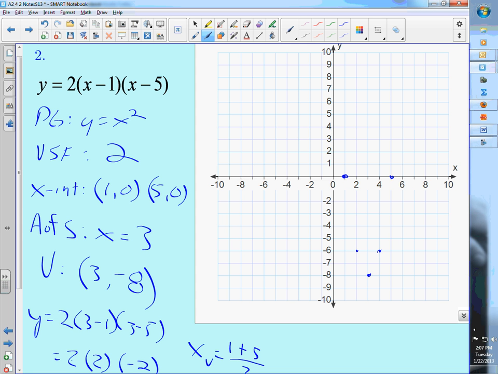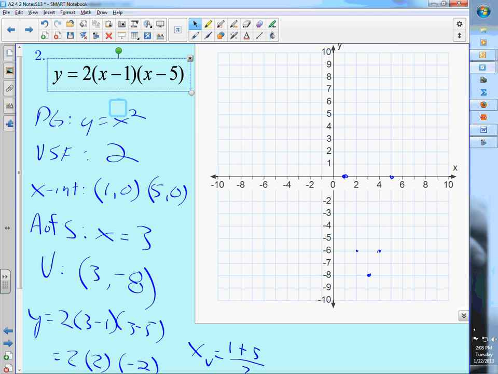I watched people on that last test, they'd go right 1, up 2, but then they went right back to the parent graph, right 2, up 4. They put a point right there. Not. It's all the ups get multiplied by the vertical stretch factor. So when we do actually hit that graph, we expect it to look like that.